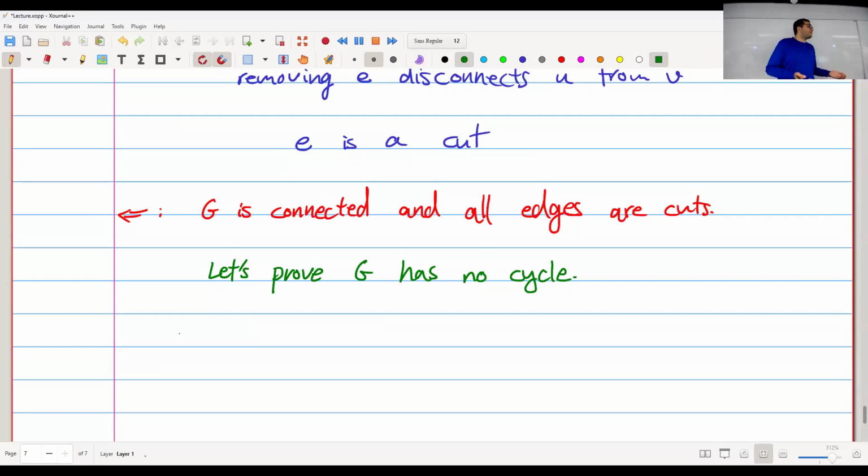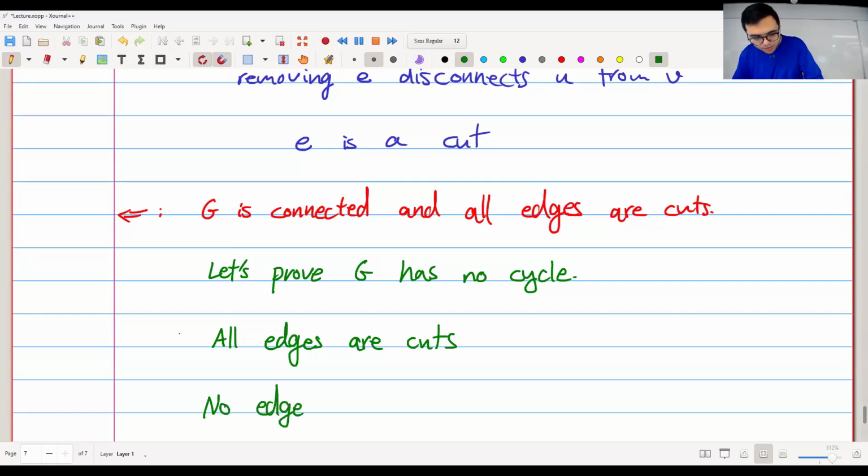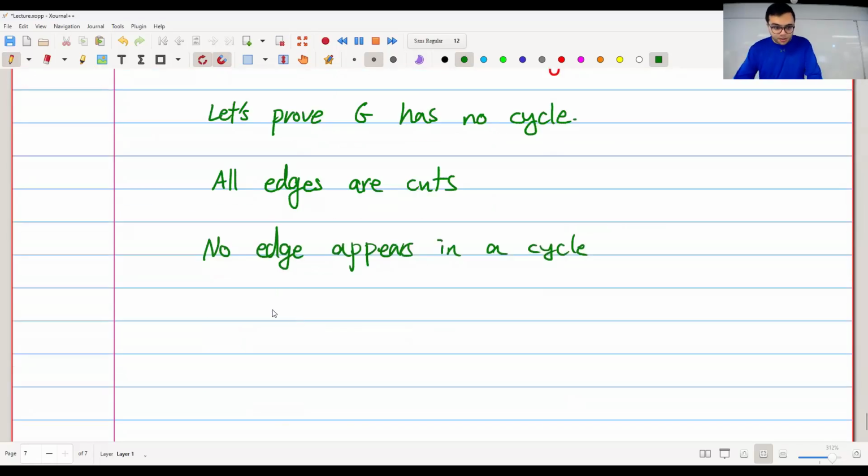So I cannot have any cycle at all, because every cycle will have to have some edges, right? So all edges are cuts. Therefore, no edge appears in a cycle. Therefore, there is no cycle.